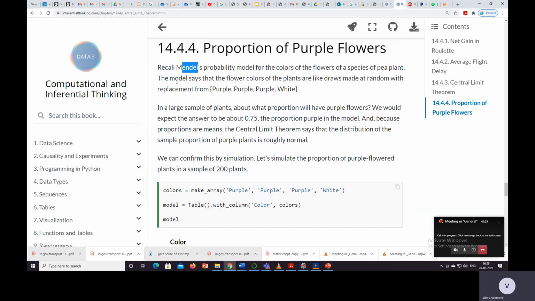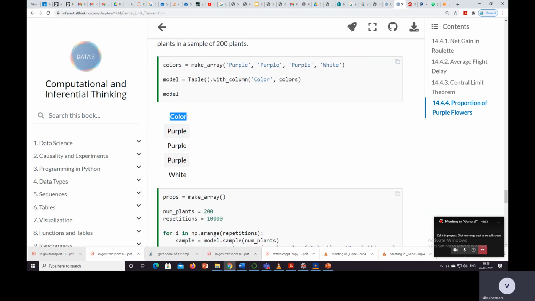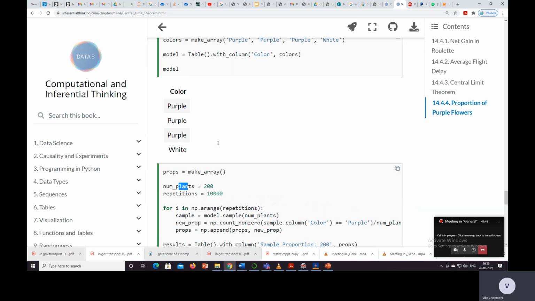Those who have gone through biology know Mendel's experiment. The color column is there, and we make an array of this. The total number of plants is 200 and the repetition is 10,000.